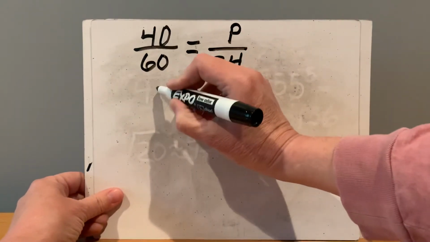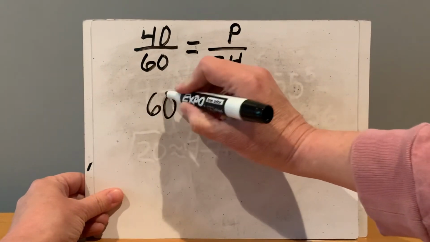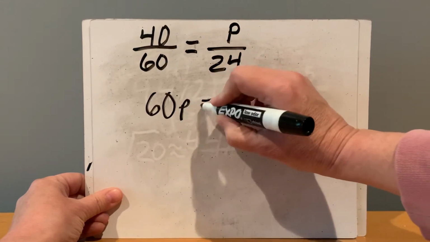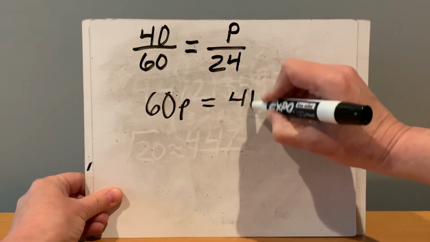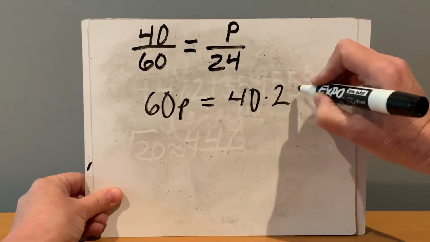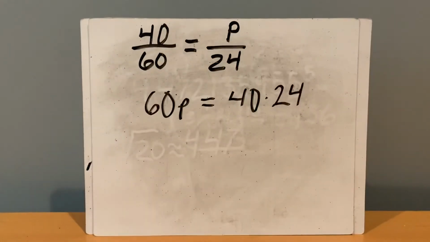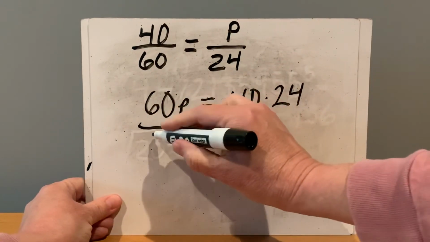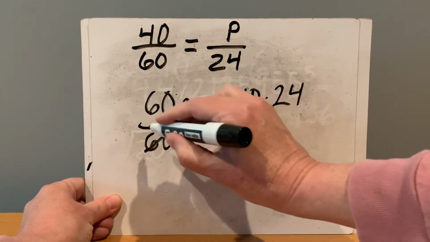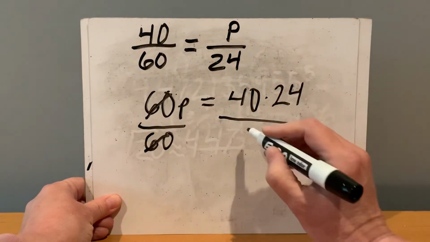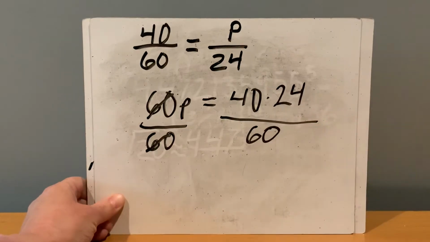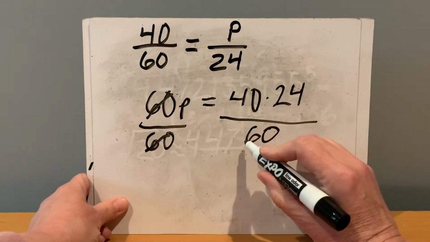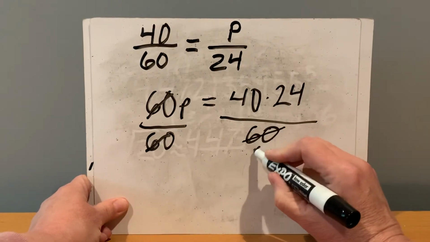So we have 60P equals 40 multiplied by 24. And then we divide both sides by 60. Before we do the multiplication, I'm going to do some cross canceling. 10 goes into 60 6 times.